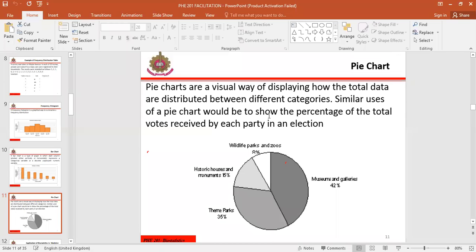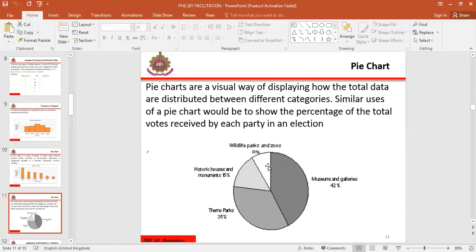Now, a pie chart is another means by which you can represent your data. Pie charts are a visual way of displaying how the total data is distributed between different categories. A similar use of pie charts would be to show the percentage of the total vote received by each party in a particular election.